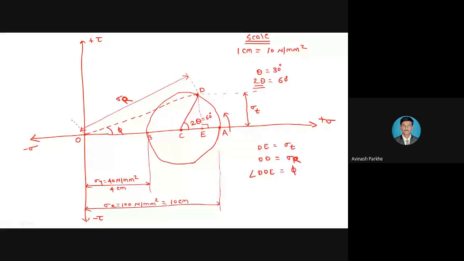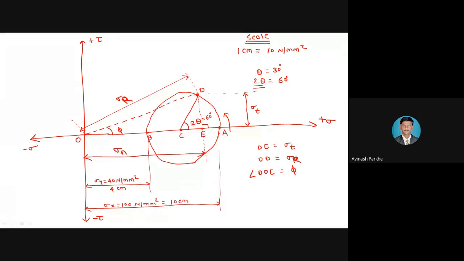The angle DOE is called as the angle of obliquity, and whatever the OE distance is there, OE from point O up to the point E, this is called as a normal stress sigma N. So whatever the unknown parameters we have to calculate, all the unknown parameters I have represented on the circle.